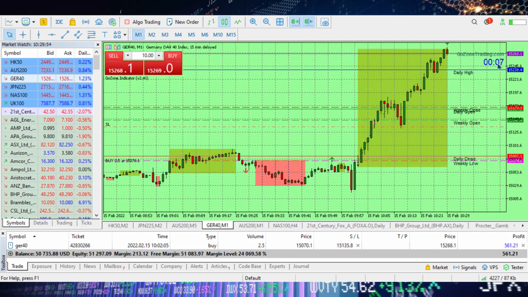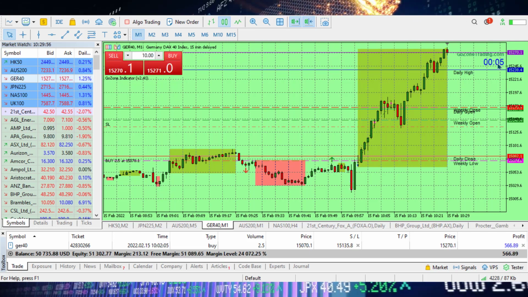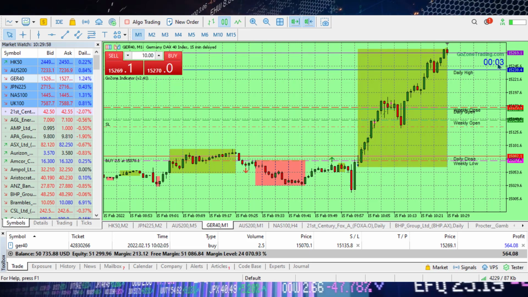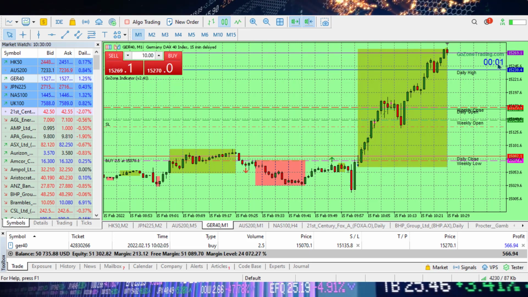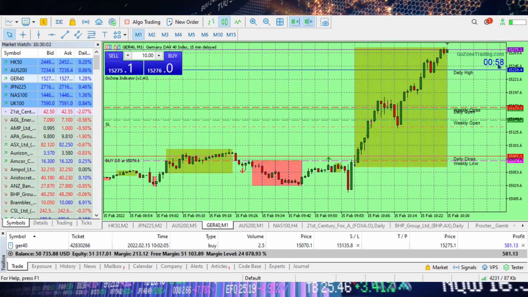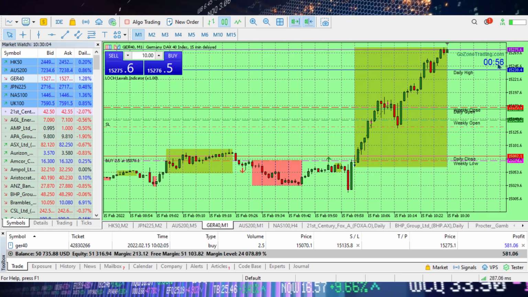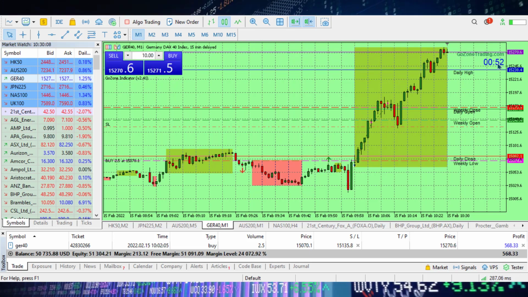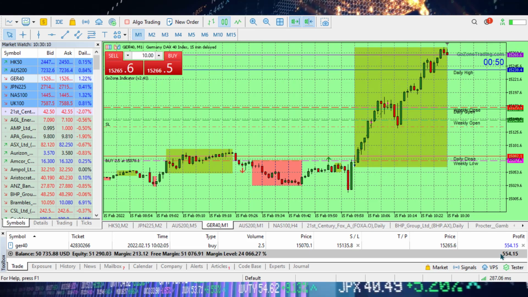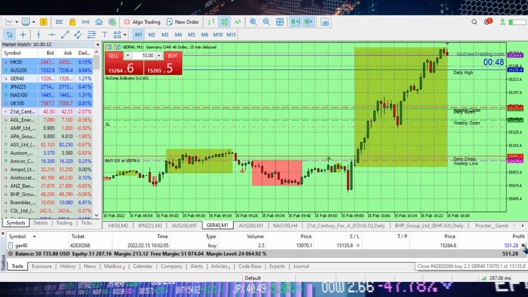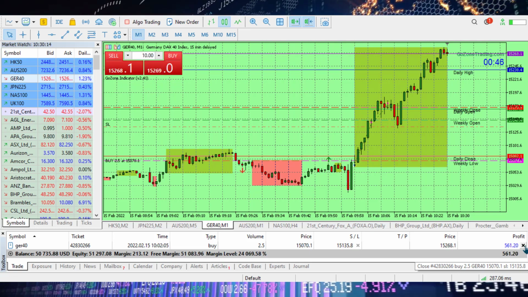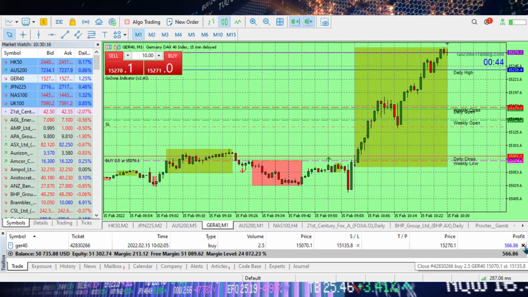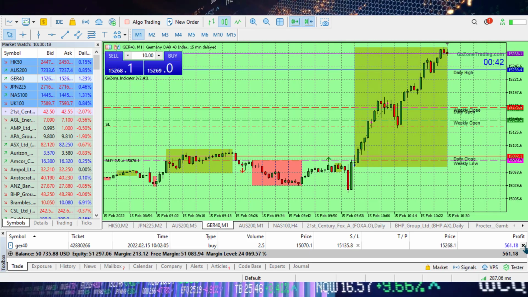Seconds left. Let's see if it pops up. Where am I getting out? The triple top. I say triple top, meaning that there are 3 candles bouncing off the top of the go zone.